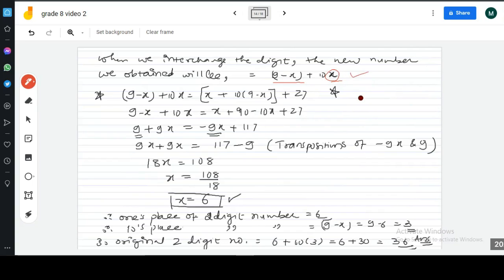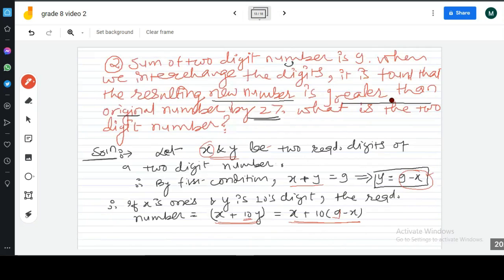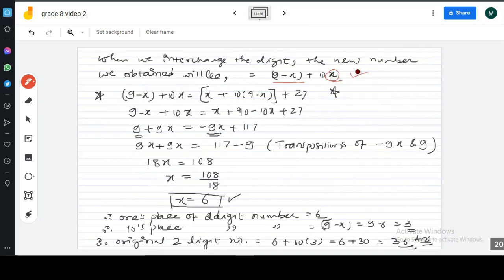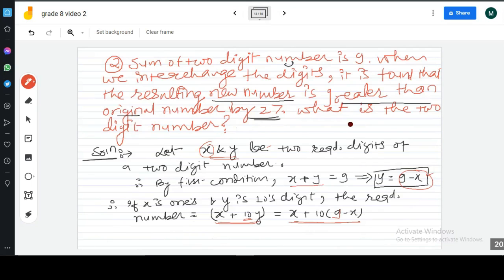Now you are given the relation between them in the word example. What is the relation given? The relation is that the new number obtained, the equation we have in the second one, if I denote this as equation 2, and this the first equation we have, the expression 1.